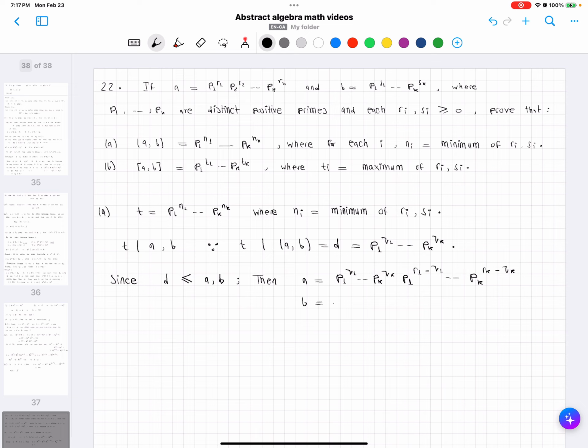Similarly for B. The reason I use that D is less than or equal to both A and B is that those powers are less than or equal to both powers of A and B. Then we can factor things like that.